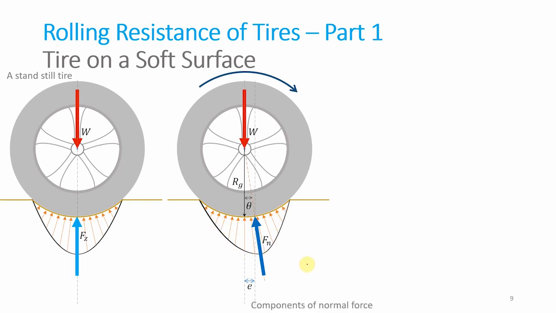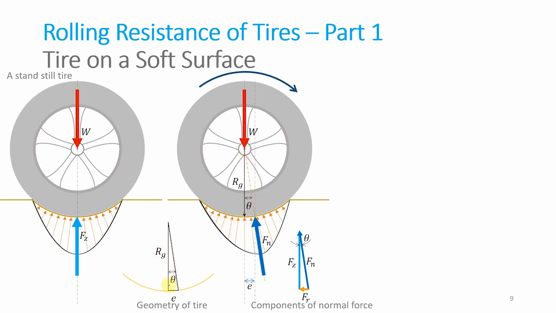Now let's split the normal force into the vertical and horizontal components. So Fz is the vertical component, and Fn, you know, is acting at an angle theta with respect to the vertical, and Fr is the rolling resistance force. Now let's consider the geometry of the tire. I'm reproducing the same triangle here.